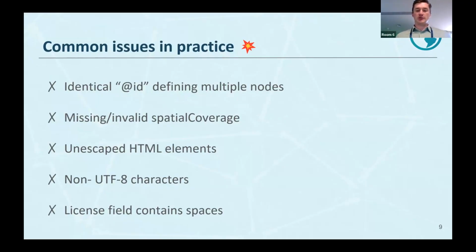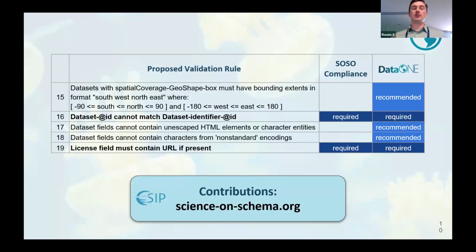So just some issues that I would like to softly put forward as perhaps improvements to the current standard. A rule about spatial coverage elements needing to be contained within certain boundaries and oriented a certain way. The @id in one node can't match the @id of the dataset as a whole, or the @id of another node.